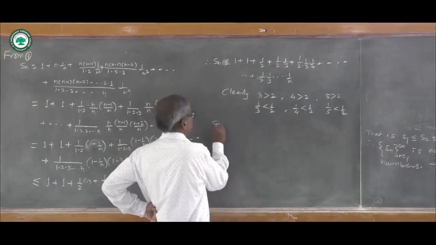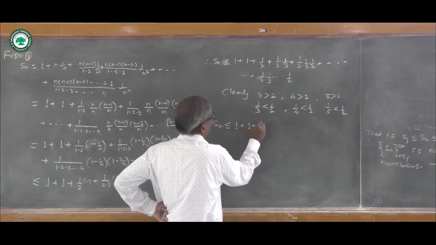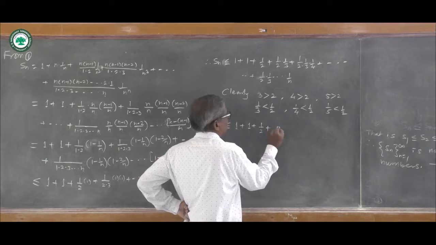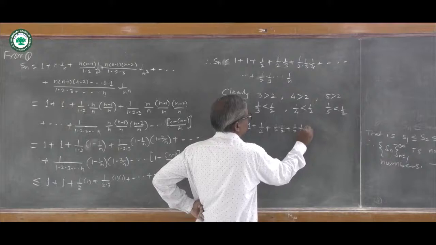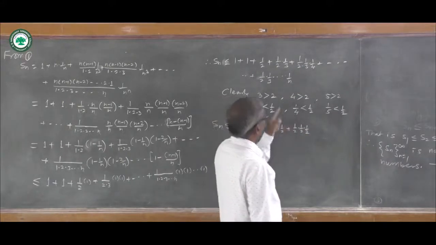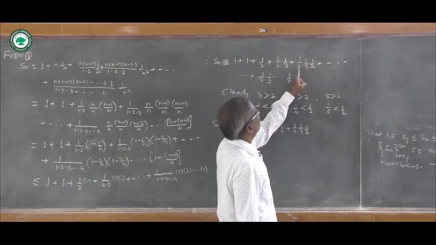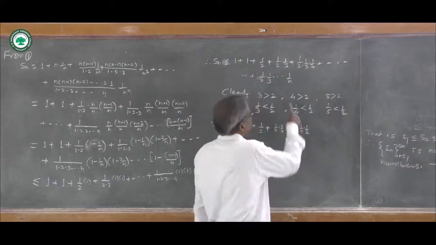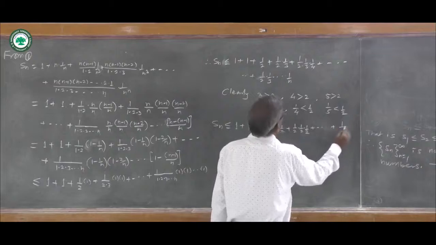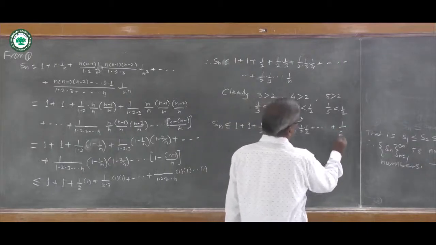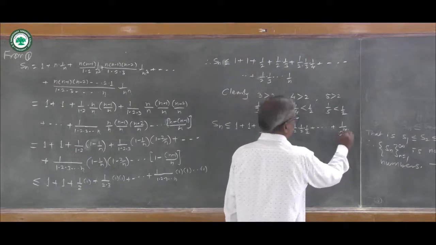And we write Sn is less than or equal to 1 plus 1 by 2 plus 1 by 2 into 1 by 2 plus 1 by 2 into 1 by 2 into 1 by 2, and so on, plus 1 upon 2 to the power n minus 1.